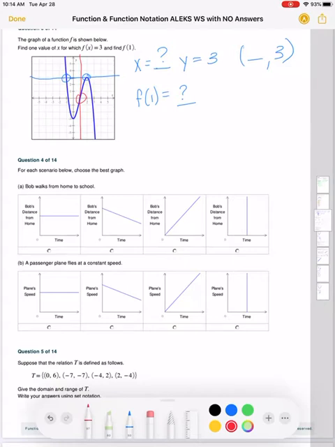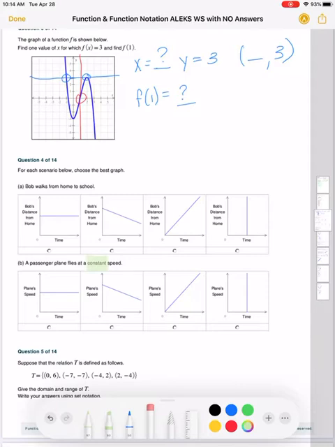Letter B says a passenger plane flies at a constant speed. So that word constant is the important one. What does it mean to be constant? Which graph matches?